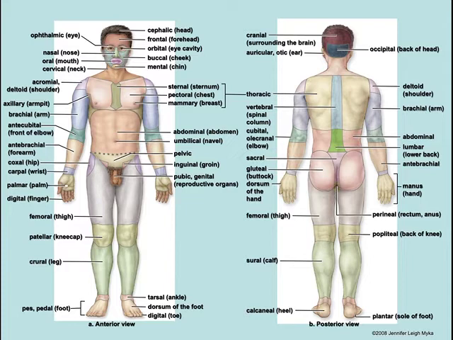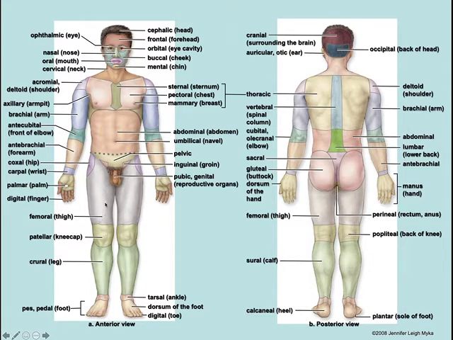We talked about the fact that, for instance, we took the femur. The femur is the femoral region. The femur is the long bone in the femoral region. The quadriceps femoris and the biceps femoris are muscles in the femoral region that help to move the leg down here. The femoral artery and vein carry blood through this region. The femoral nerve carries electrical impulses through this region, and so on.